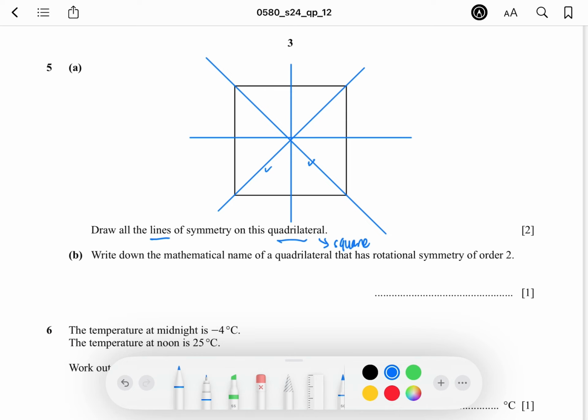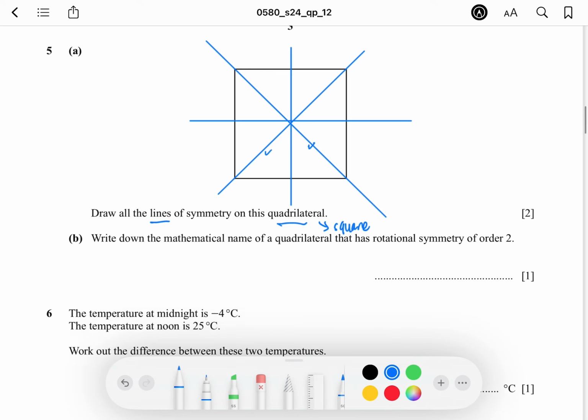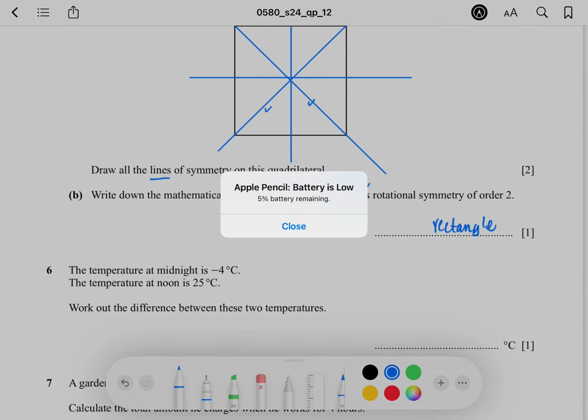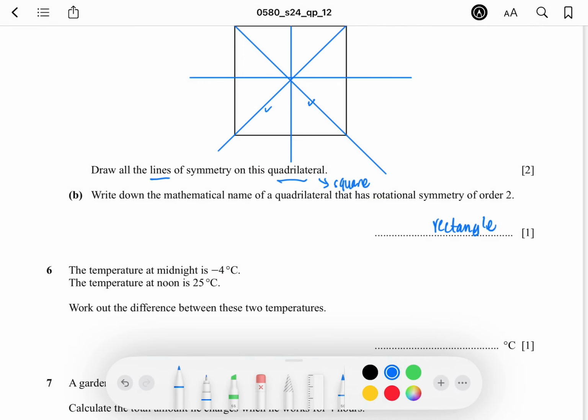Alright? Okay, so write down the mathematical name of a quadrilateral that has rotational symmetry of order 2. Correct. Actually ada satu lagi Khalid. Sini. Shape. Nama shape.